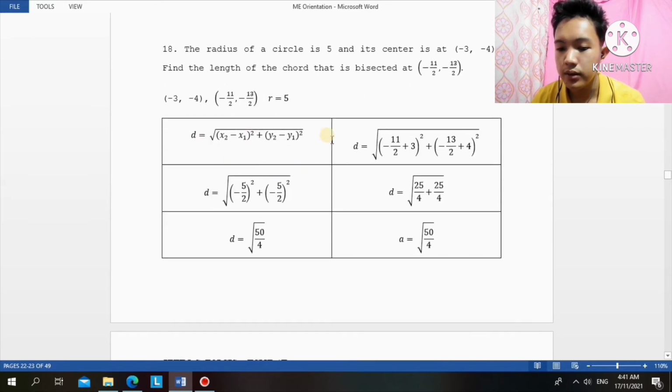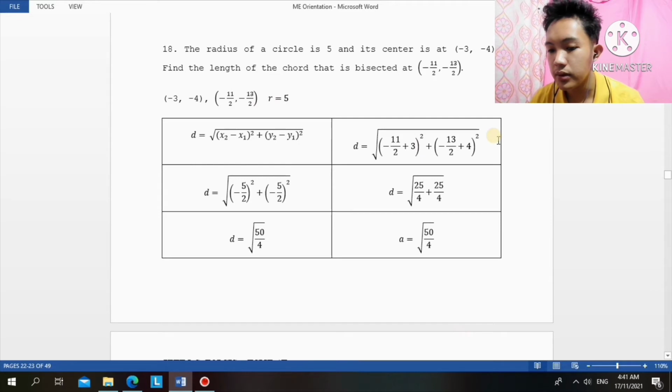Let's solve the distance. So our x sub 1 is equals to -3, y sub 1 is equals to -4, our x sub 2 is equals to -11 halves, and y sub 2 is equals to -13 halves. So our r is equals to 5.